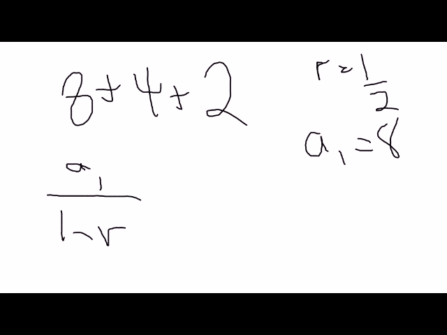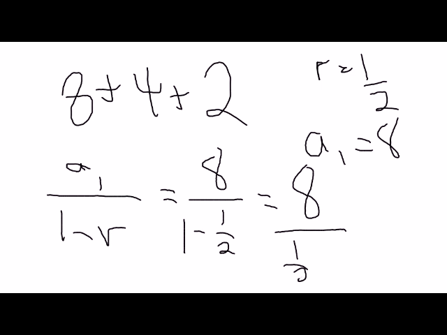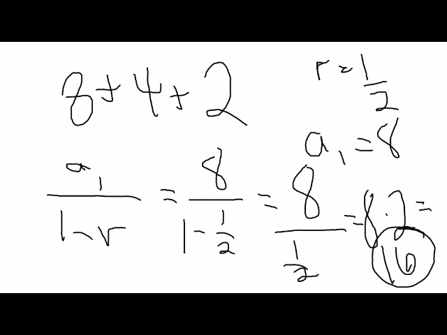It's essentially like the sum that you were doing before, just without the 1 minus r to the n part. So what's going to be the sum of this? Well, we just put in our numbers. a sub 1 is 8, and 1 minus r being 1/2, so it's 8 over 1/2, which is the same as 8 times 2, which is 16. So our infinite geometric sequence sum is 16 on this one.